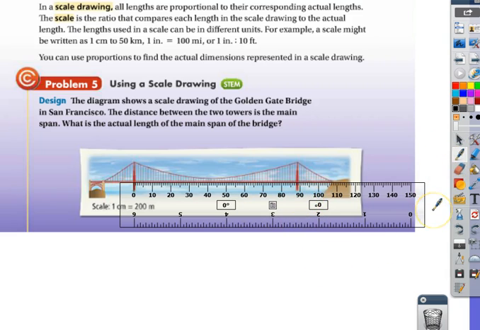So if my length were 9 centimeters, I would multiply it by that scale factor to get the meters. So how many centimeters are in a meter? Well, in this case, 1 centimeter equals 200 meters.